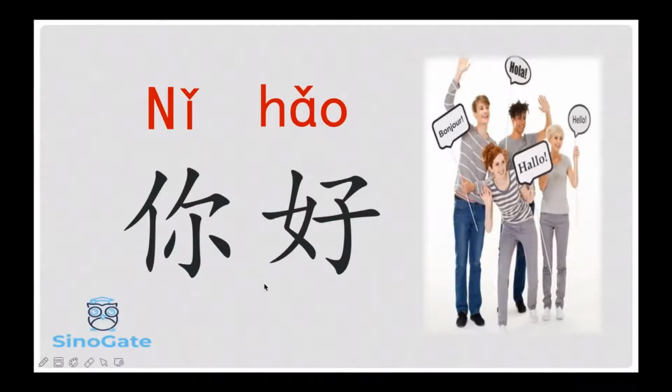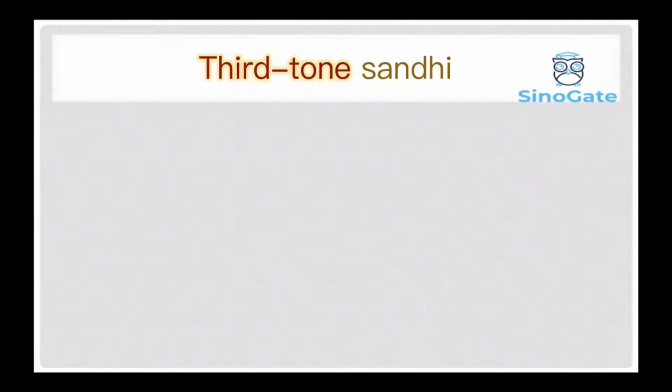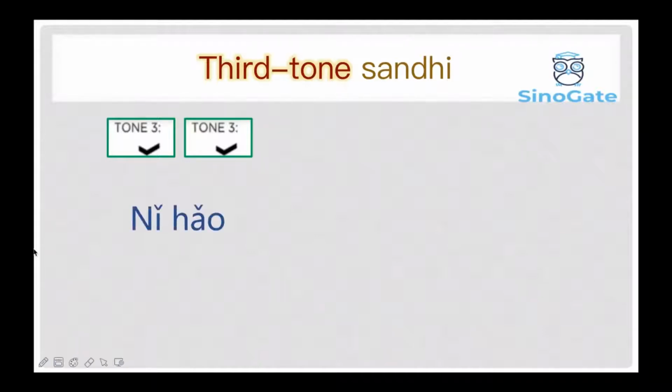So you can see these two characters, 你好. Both of them are third tone. The first tone sandhi here is about the third tone, which is when a third tone is immediately followed by another third tone, such as 你 followed by 好.